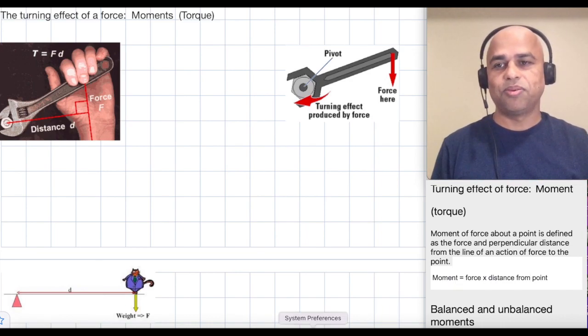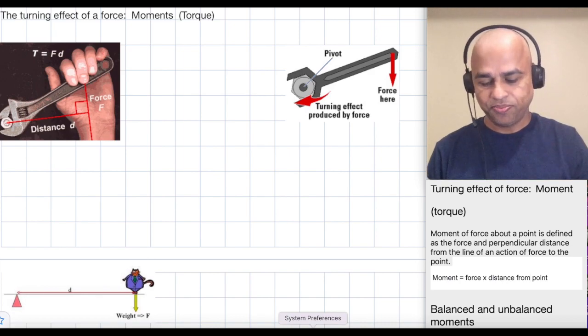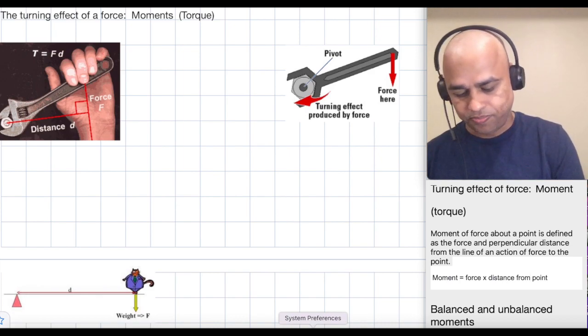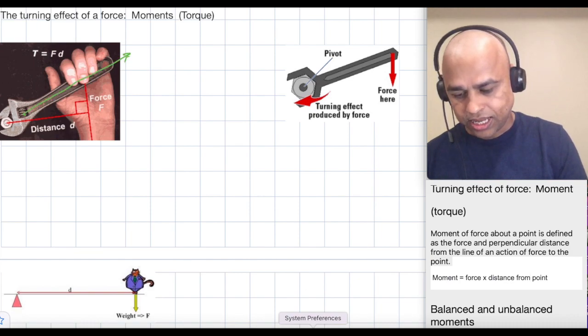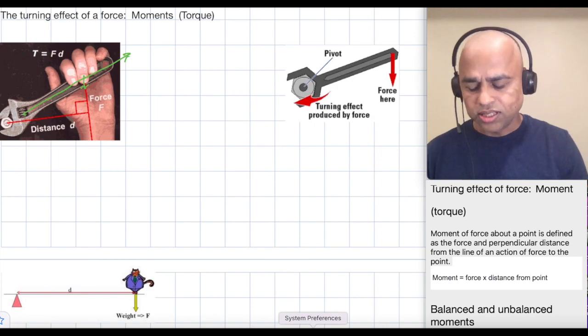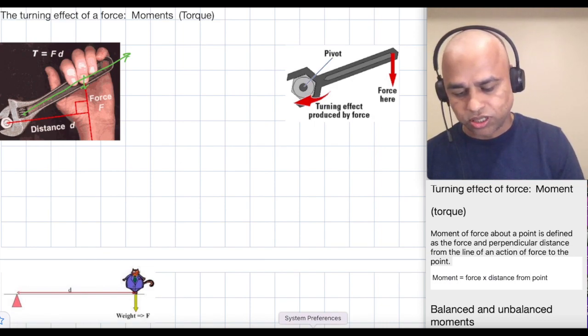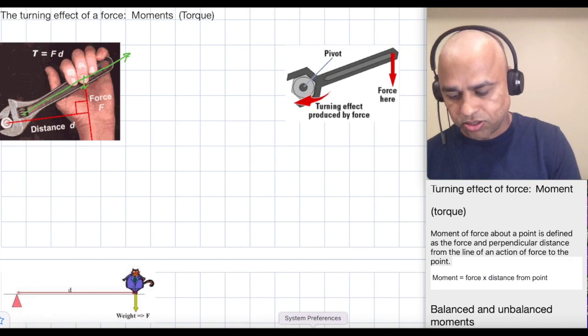In this example, you can see the wrench. This is the wrench, right? And we apply some force here in this direction. We can see how much force we apply, and this is the perpendicular distance from here. This is the point where we see the turning effect.